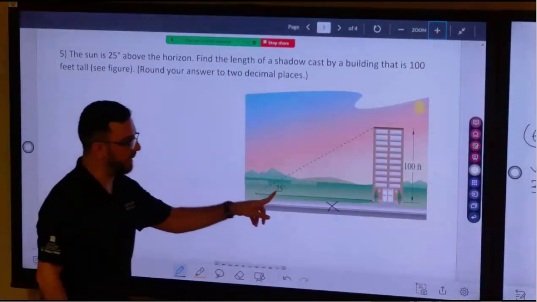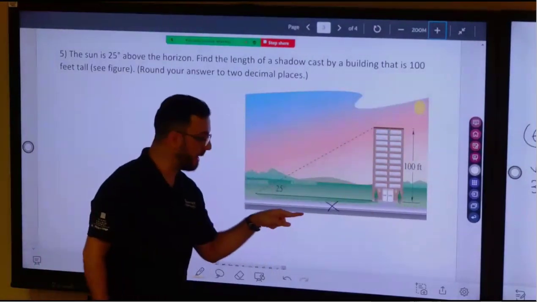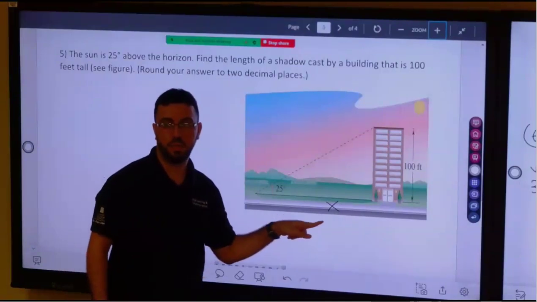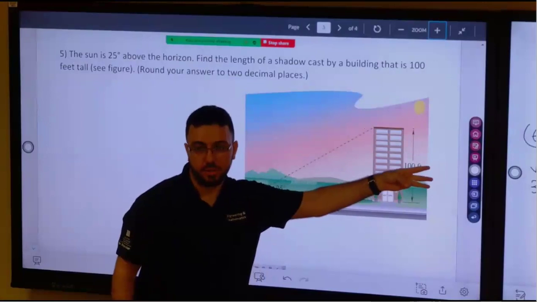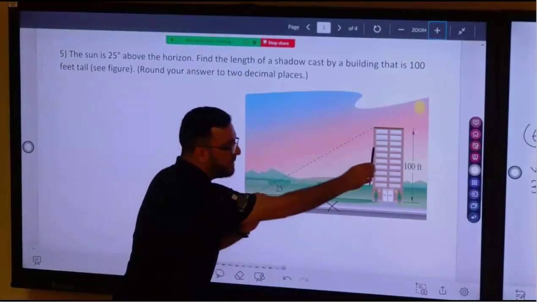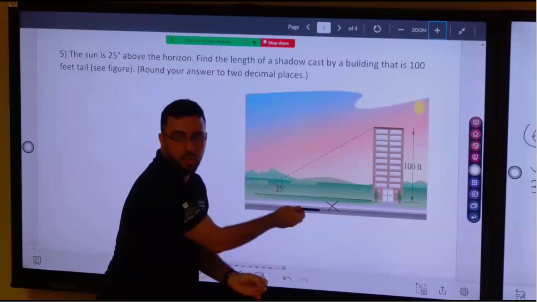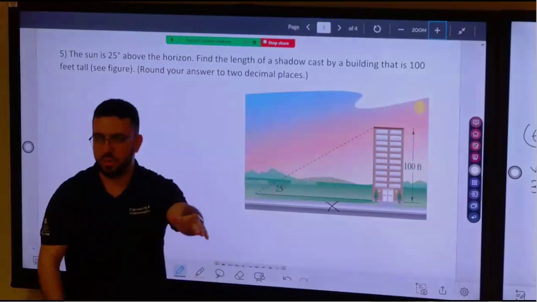Now, I have the angle, I have the opposite side of the angle, so how am I going to find X? We have three trig functions. The tangent is the only function that works with the opposite and the adjacent. When you have the opposite side and the adjacent, just use the tangent.